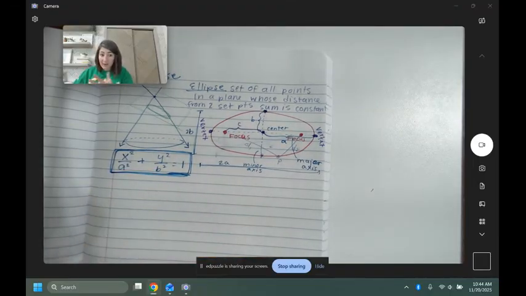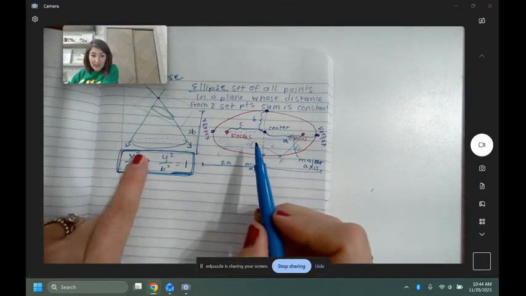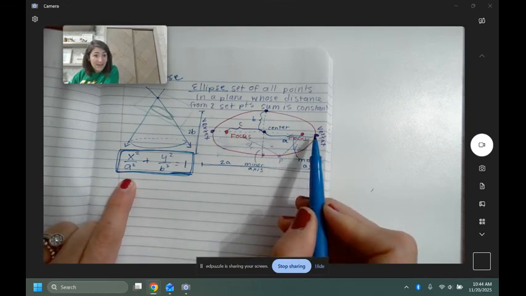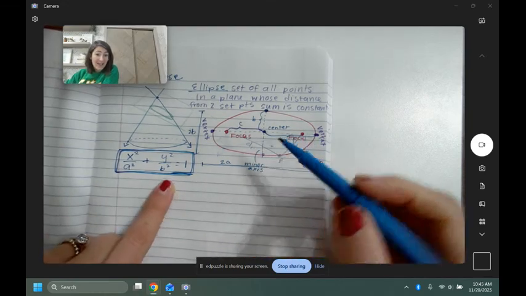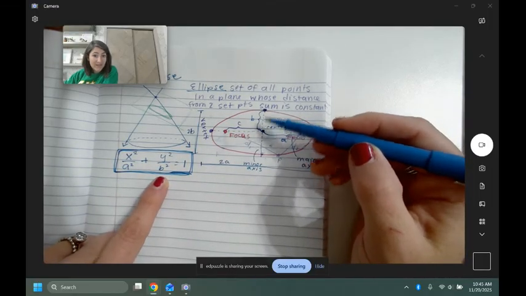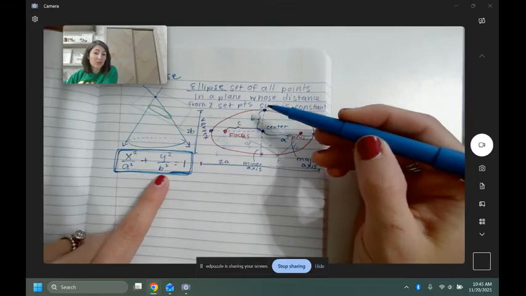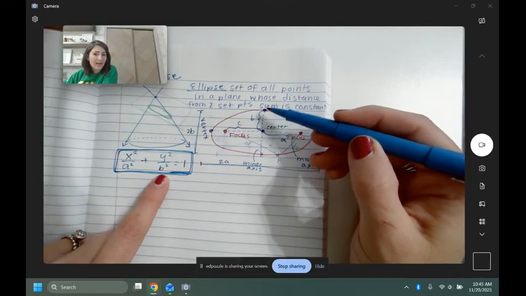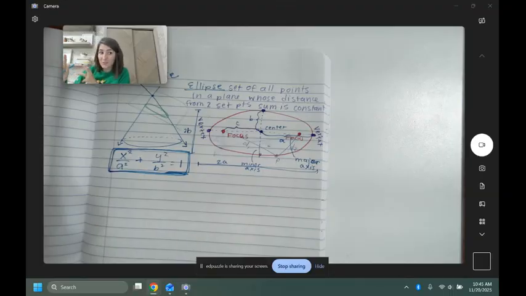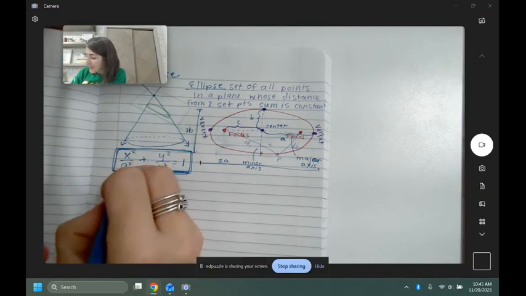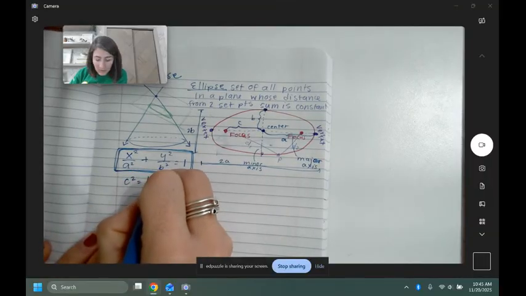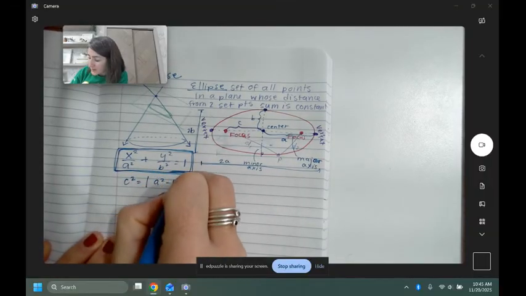Keeping in mind that x squared will stay x squared. A is the distance from the center to the vertex on the major axis. B is the length from the center to the top, half of the minor axis. One key relationship here is that C squared is the absolute value of A squared minus B squared.